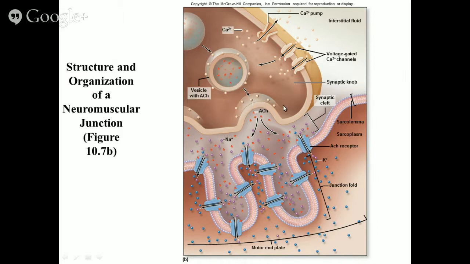They don't have time and space here to show you exactly what's going on, but this vesicle has actually merged with the cell membrane of the synaptic knob, and then it releases a chemical inside to actually bind to the surface of the muscle cell.